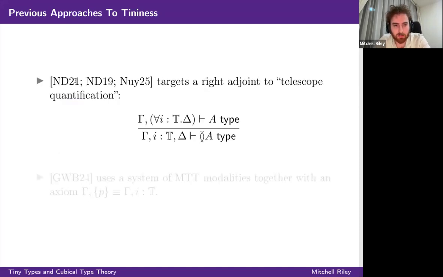So Neumann and de Vries have a line of work where they try to come up with a type theory for a related operation, which is a right adjoint to some kind of telescope quantification, where they take a chunk of the context and say that they can look at functions from the tiny type into that whole chunk of the context.